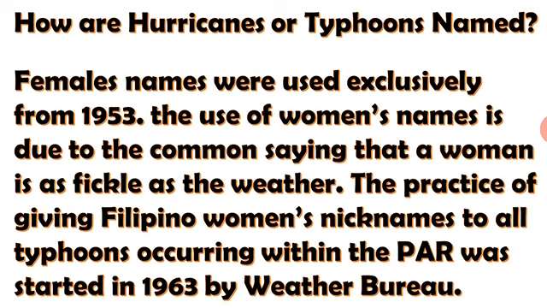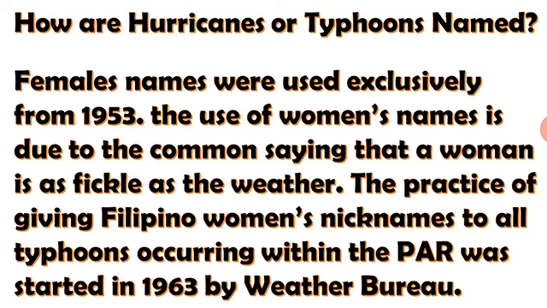Female names were used exclusively in 1953. The use of women's names is due to the common saying that a woman is as fickle as the weather, and the practice of giving Filipino women's nicknames to all typhoons occurring within the Philippine area of responsibility was started in 1963 with the Weather Bureau.